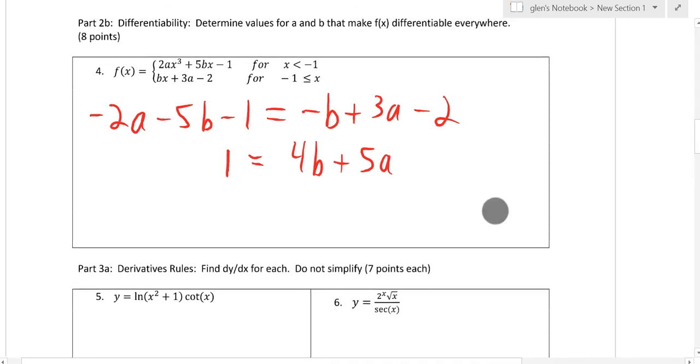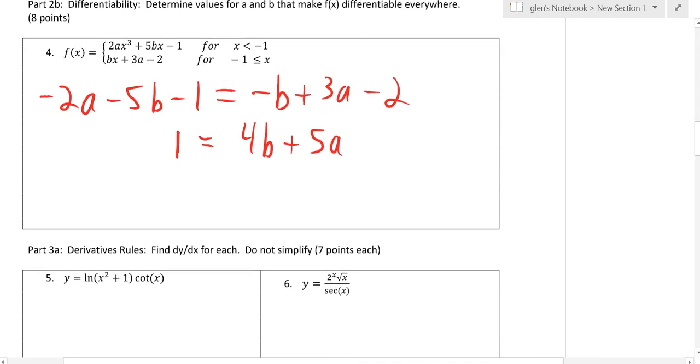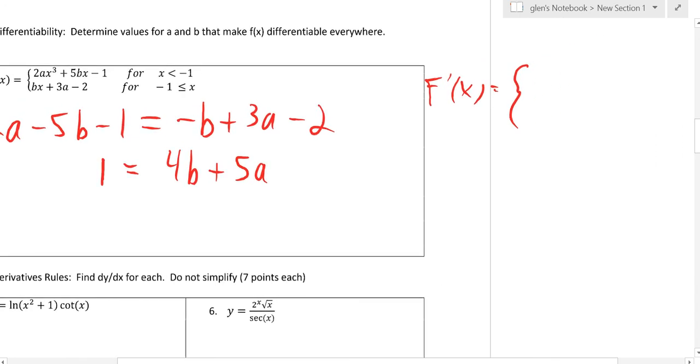All right. We also need the derivatives to meet each other at -1. So we derive it. The derivative of the top is 6ax squared plus 5b. Stop me if you have any trouble with this. Unless you're watching at home, then just listen to my amazing voice.